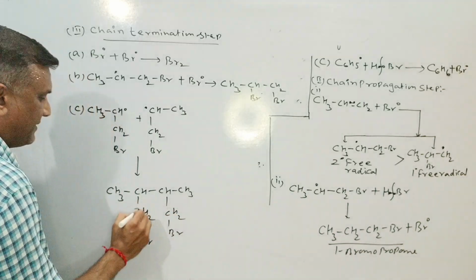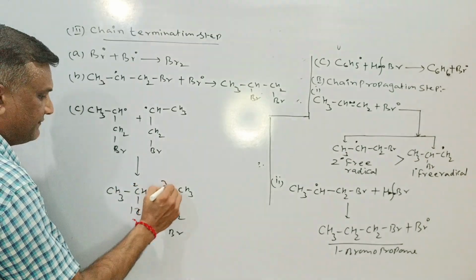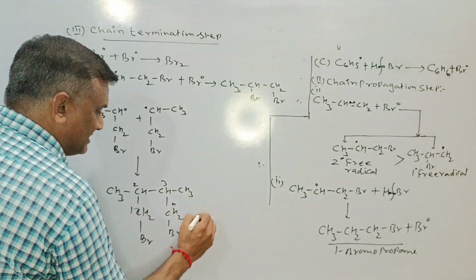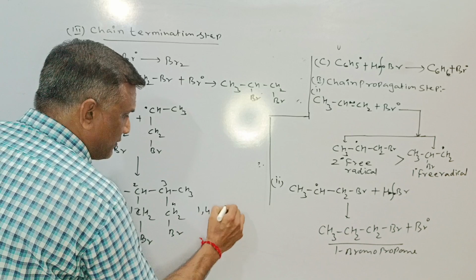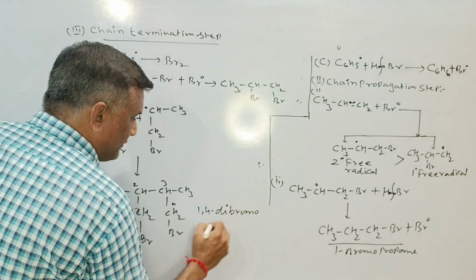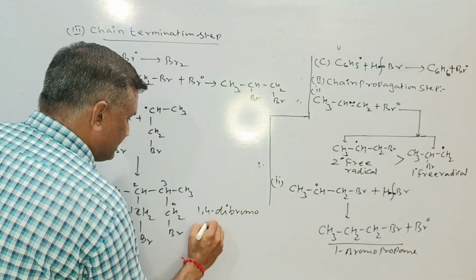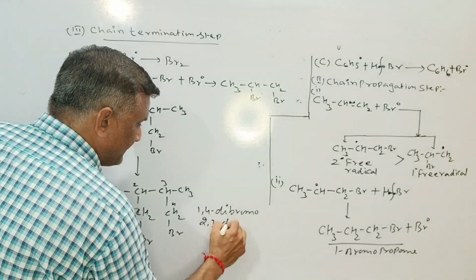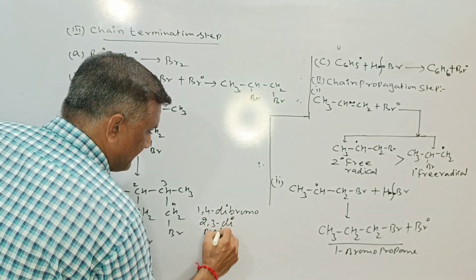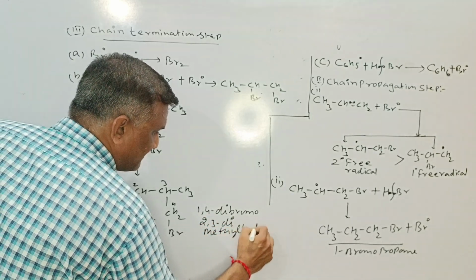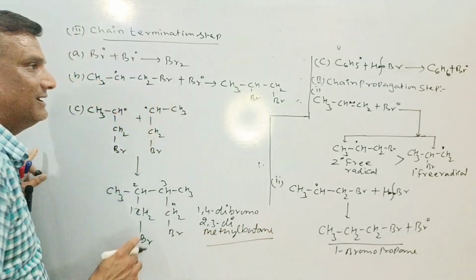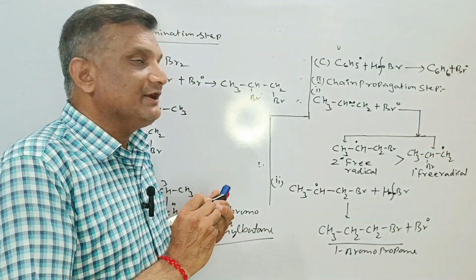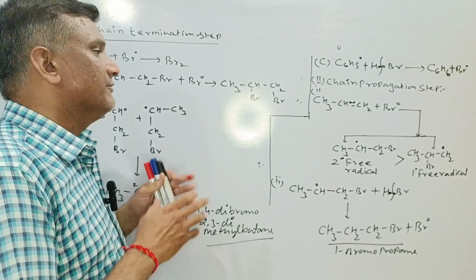The formation of the compound will be 1, 2, 3, 4. This is 1,4-dibromo, 2,3-dimethylbutane. So this was about the name of the compound and the mechanism regarding the anti-Markovnikov rule.